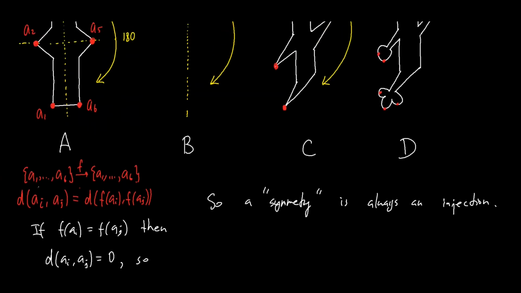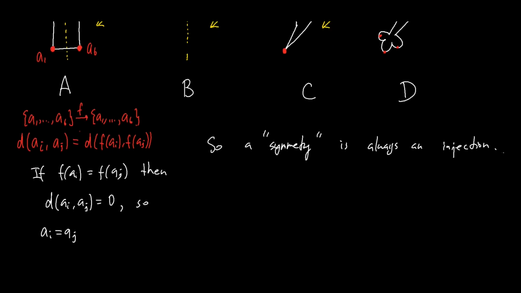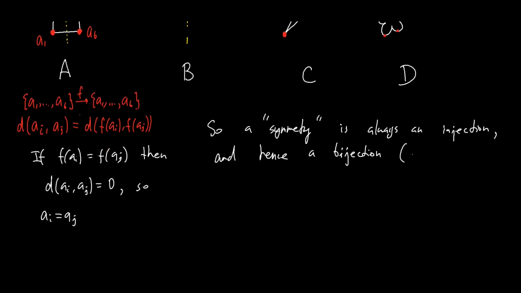But because we've got a finite set here, an injection from a finite set to itself will always be a bijection, and hence a bijection in the case of finite discretization.